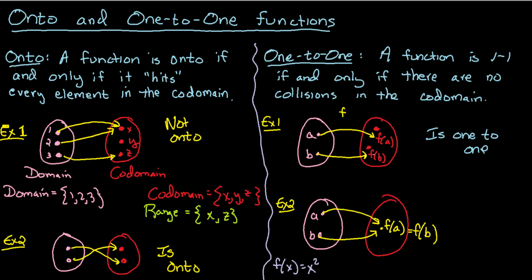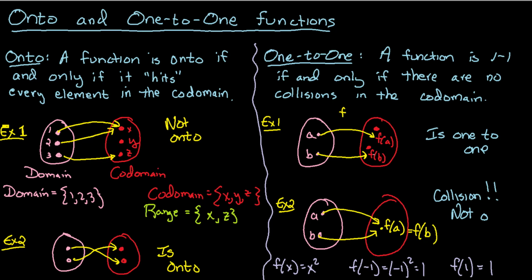You put in -1 and you get out -1 squared, which is 1. And you put in 1, and you get 1 squared, which is 1. So you get different inputs landing on the same value in the codomain. You get a collision, which is pretty bad. We have a collision in the codomain, and so this means it's not 1 to 1.